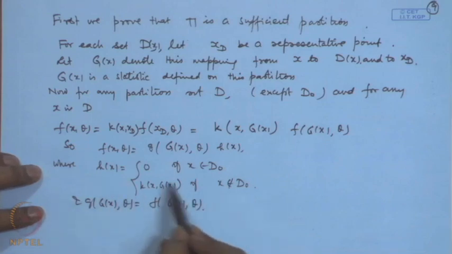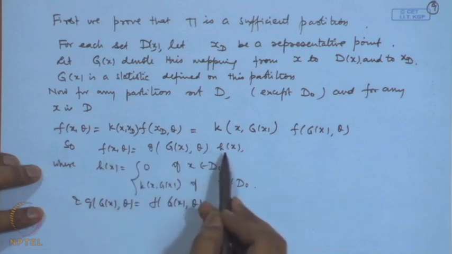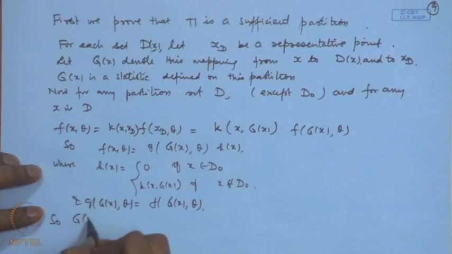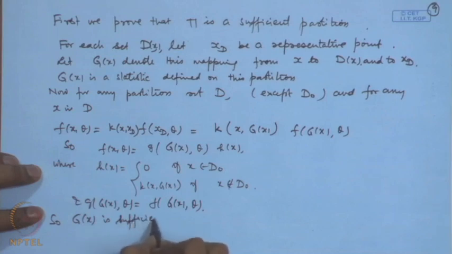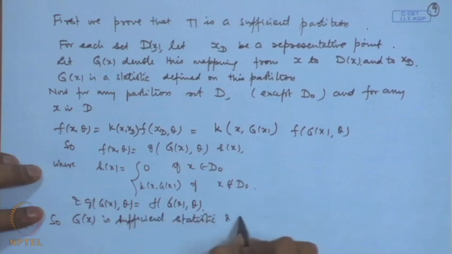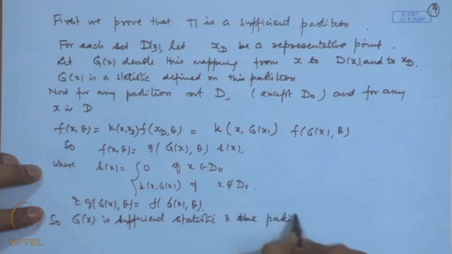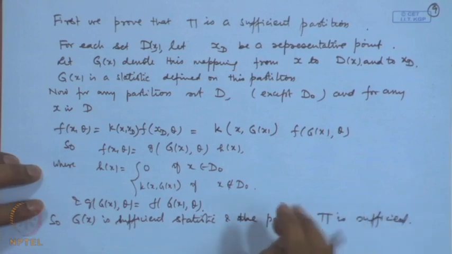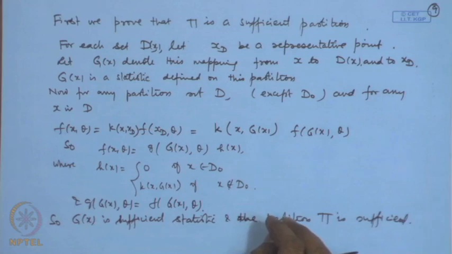Now, if you see this carefully, this is nothing but the factorization here. So, we conclude that g(x) is a sufficient statistic and the partition pi is a sufficient partition, because that is induced by g.